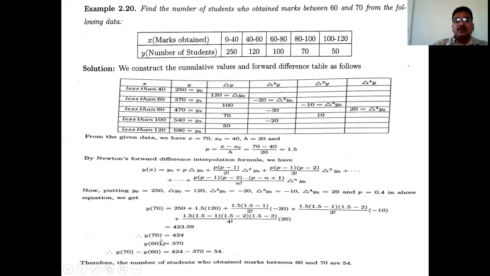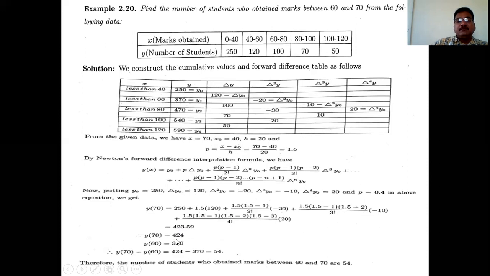Then calculate. We have the answer 423.59, but this is the number of students, which must be a natural number, so the nearest number is 424.